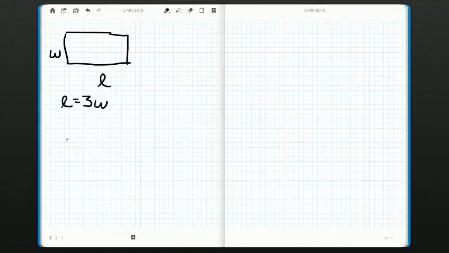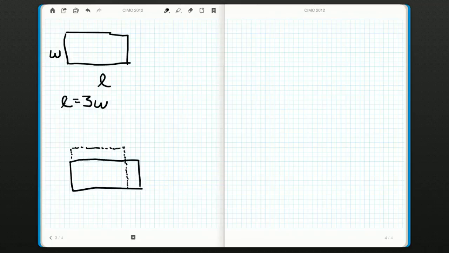Now, let's redraw our rectangle here. If we were to decrease the length by 5 and increase the width by 5, we'd get ourselves a square. So little 5s here, we've decreased by 5, we've increased by 5, and we would get a little square here.